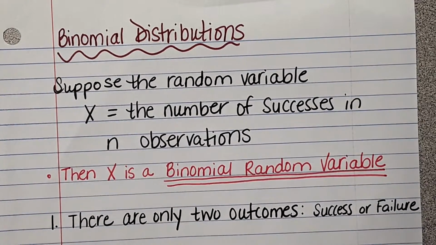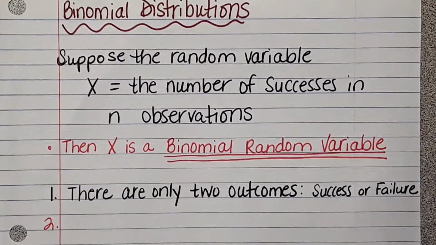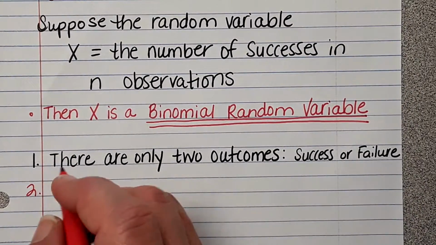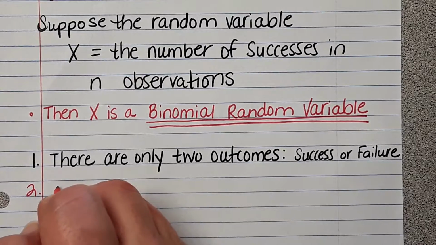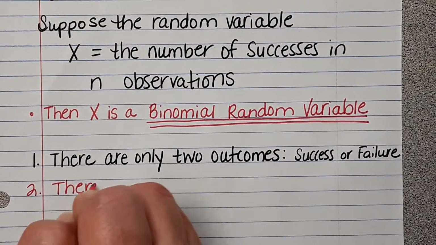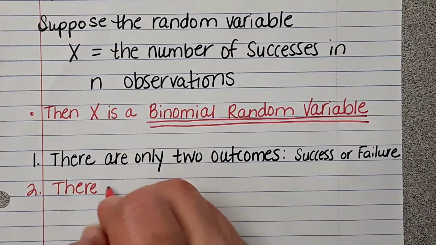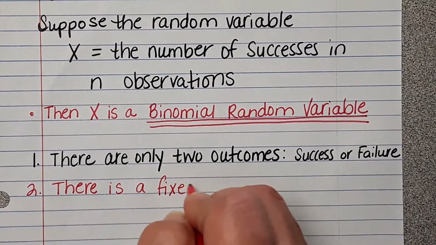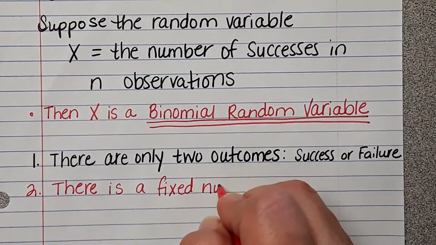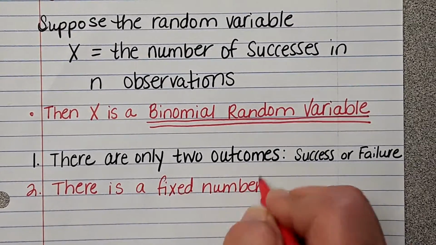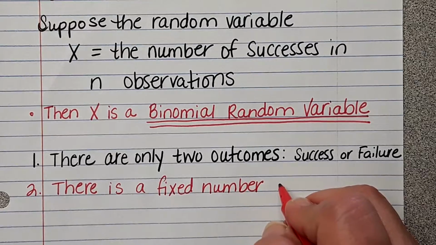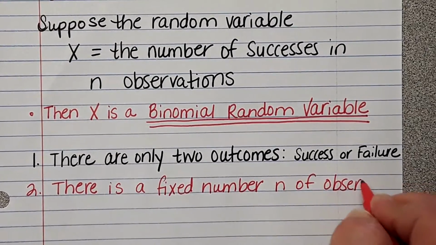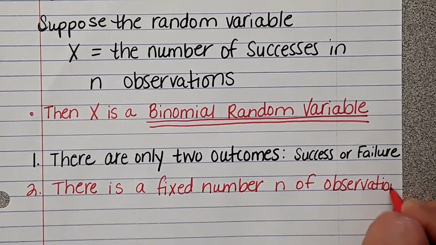The second rule of a binomial distribution is there is a fixed number of n observations. So in our quiz that we took, there were exactly 10, right?